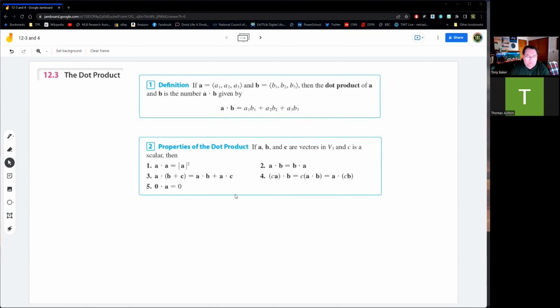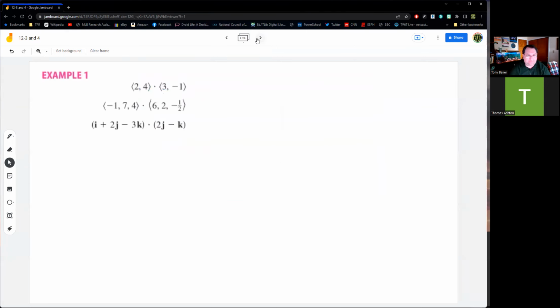All right, so before we get into how it's used and why it's used, let's just do a couple really simple ones to get an idea of how to find it. So we're going to look at these. The first one is the dot product of (2, 4) and (3, negative 1).